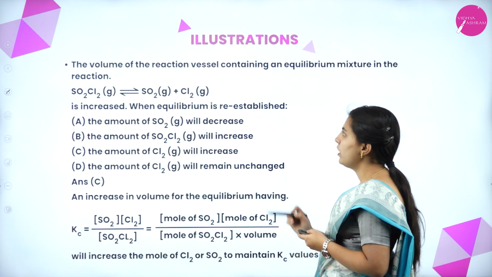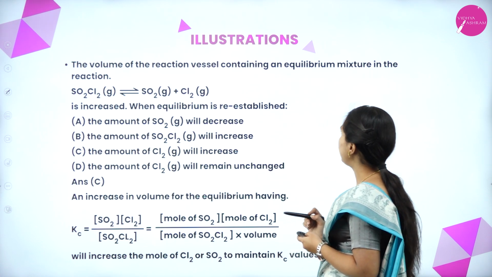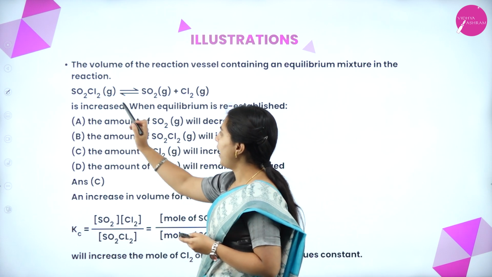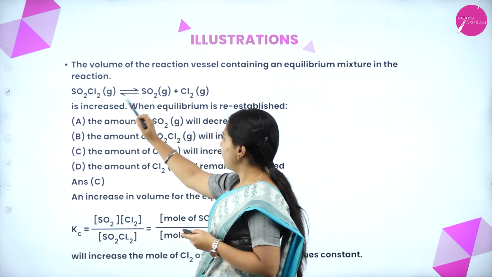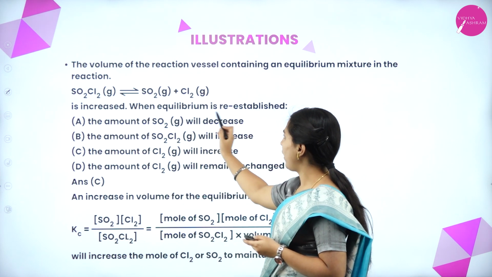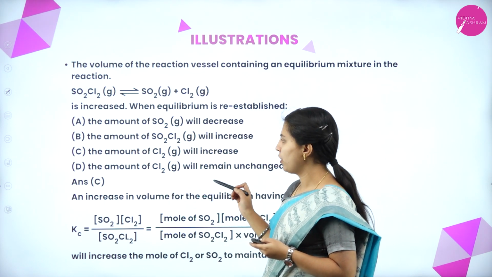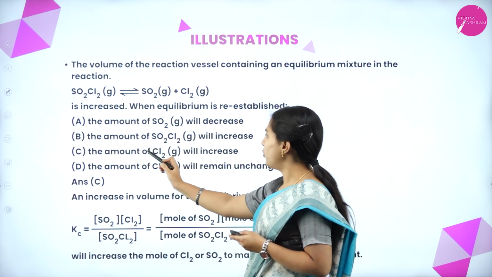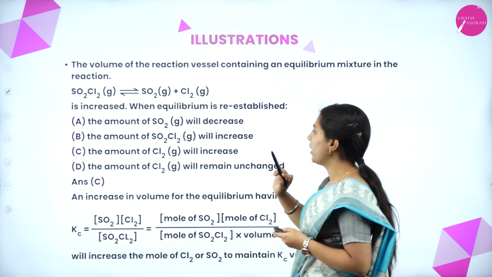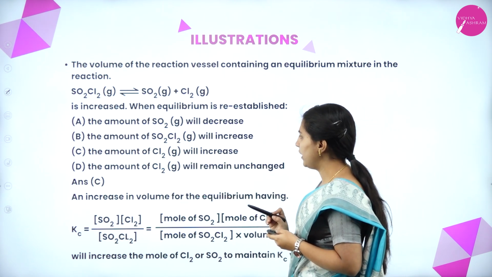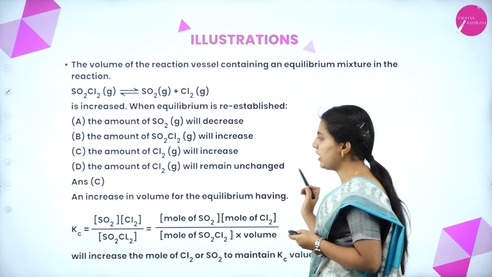Next illustration: the volume of the reaction vessel containing an equilibrium mixture in the reaction SO2Cl2, which decomposes into sulfur dioxide and chlorine, is increased when equilibrium is re-established. What will happen? The amount of sulfur dioxide will decrease, the amount of sulfur dioxide and dichlorine will increase, the amount of chlorine will increase, or the amount of chlorine will remain unchanged.